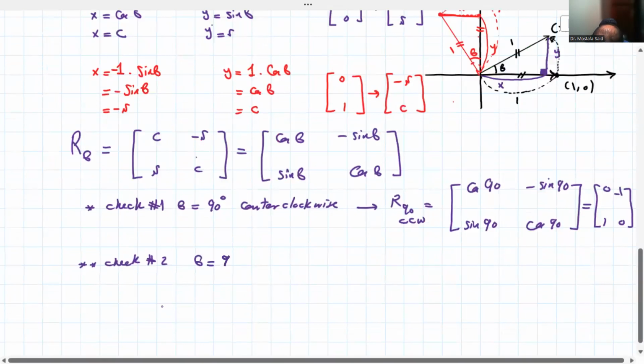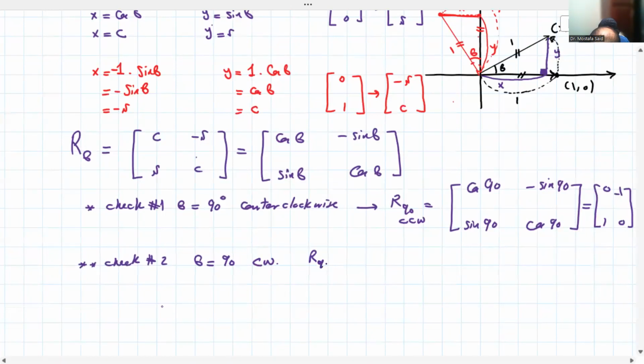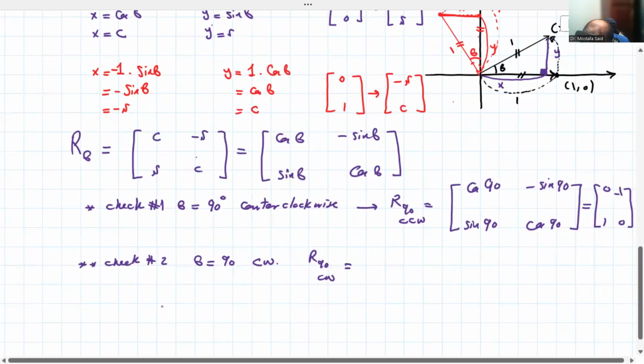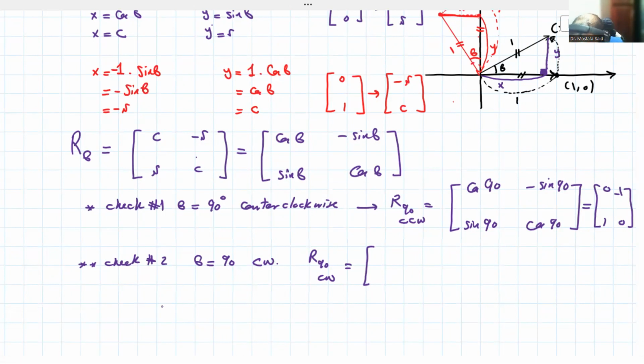Theta equal to 90. Let's do it now clockwise. So R 90 clockwise equal to... 90 clockwise, that's very important here to note, because 90 clockwise is actually 270 counterclockwise.